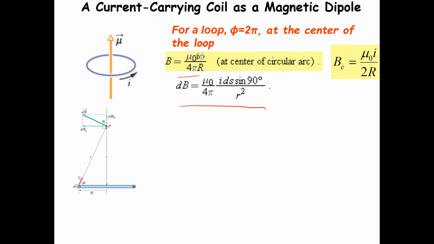So if we have a point P at a distance of z from this wire, this is the wire as we see from another angle.